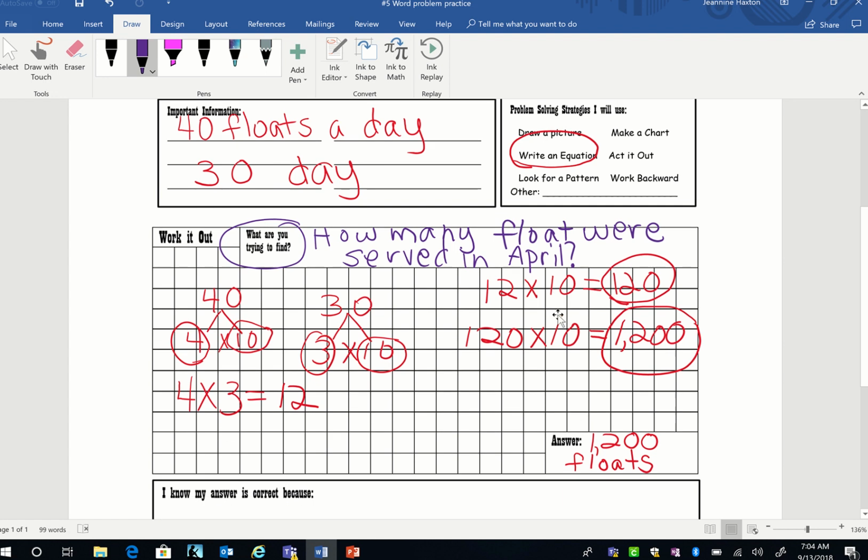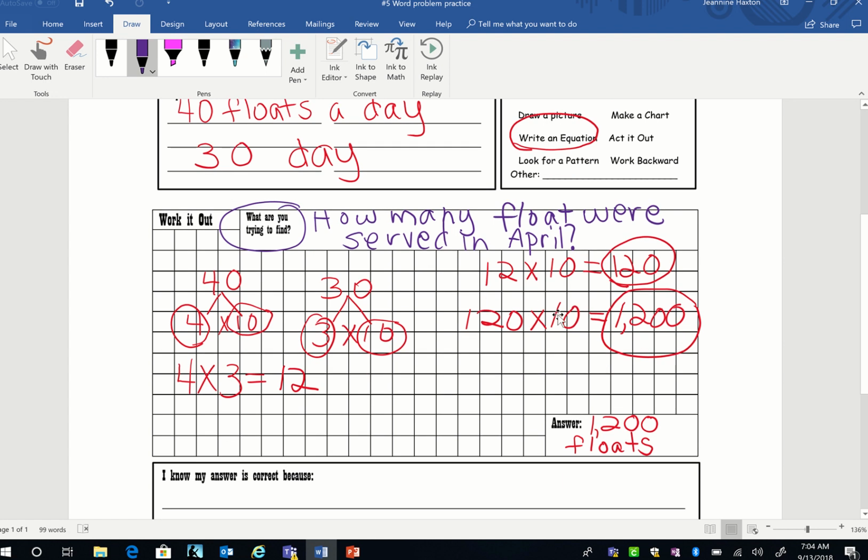Okay, and I can check my work down here if I want. Pretty soon I'll be requiring that. Right now I'm not requiring it, but I can check my work. I could add 40 thirty times, which is the really, really long way, or I can come back to my original equation and say, well, here's my 4, so 12 divided by 4 equals 3.